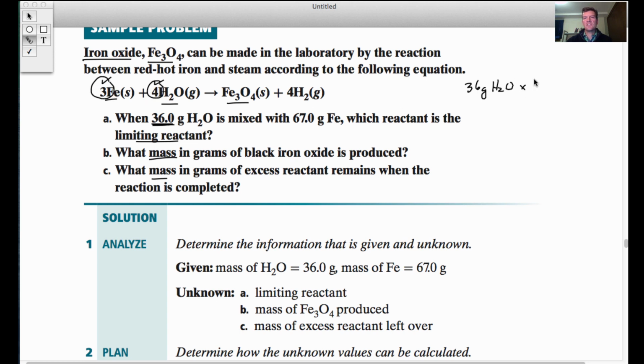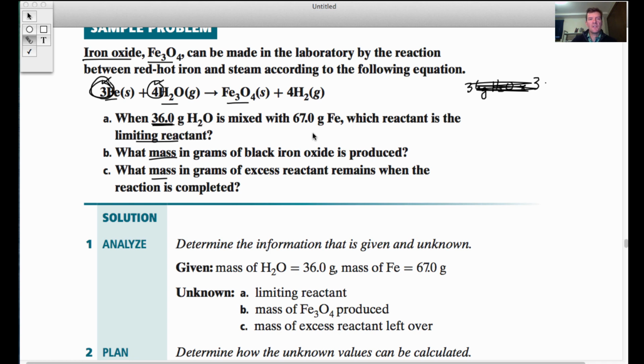So let's just see here, 3 moles of the, oh, this is grams. I need to find out how many moles that is. Ah, I can't use these ratios with masses. I have to find out the number of moles of that. Okay? So I need to find out 36 grams of water is how many moles. Oh, my apologies. Let's step this back a little bit here.